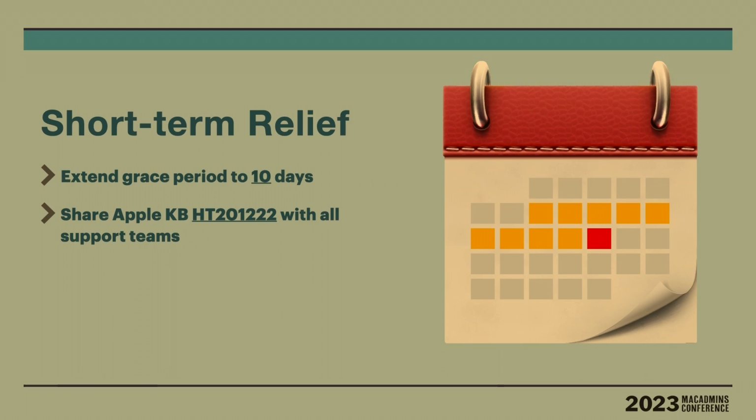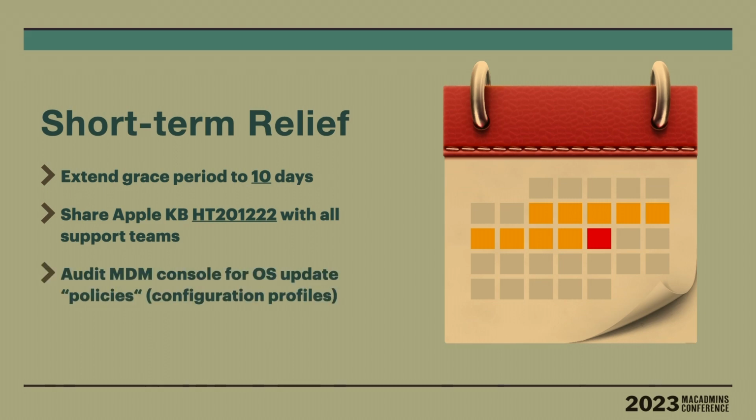We shared the following KB article that lists all the security updates that Apple releases to all the support teams. And when we started auditing the MDM console for the OS update policies and the configuration profiles, there was some really crazy stuff in there. And then we started exploring solutions outside the box.